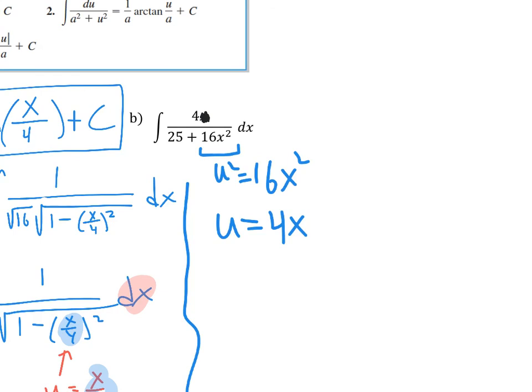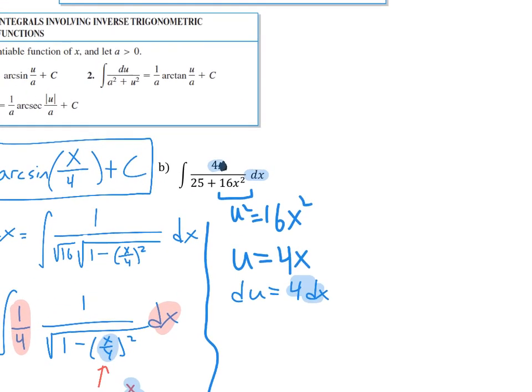If u is 4x, du is 4 dx, which we have right here. So now it is in this form. We've got to verify that it's in this form. And I know I just cheated. You can't change the problem on the AP test or anything like that, but there's an example that just needs to be fixed. So the idea here is this.